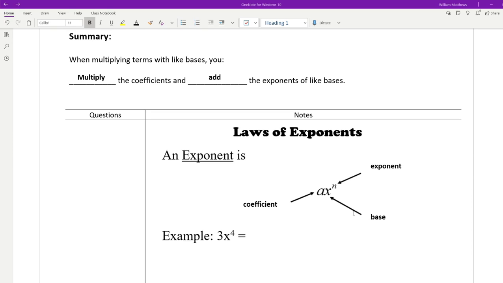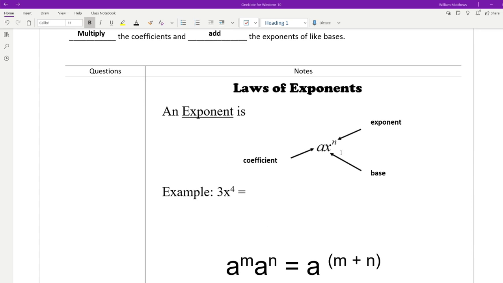It's simply the value that is being multiplied when we're dealing with an exponent. The coefficient is still the number that is multiplied to our variable or variables. And then our exponent is the number of times we multiply our base by itself.